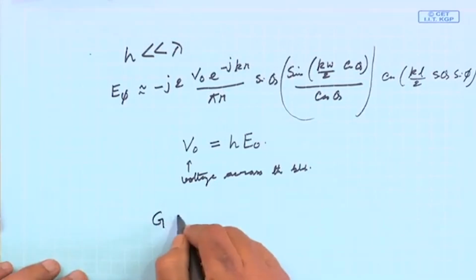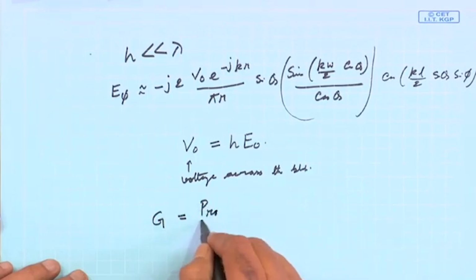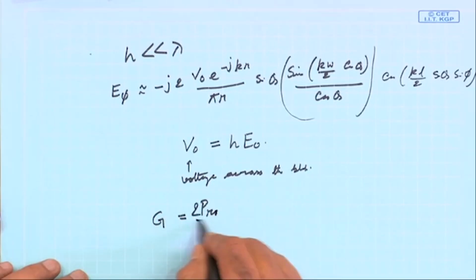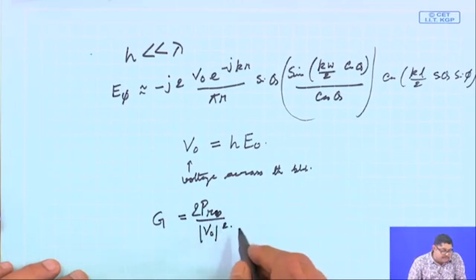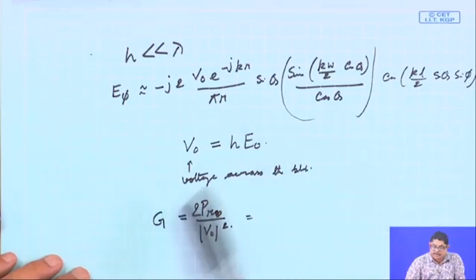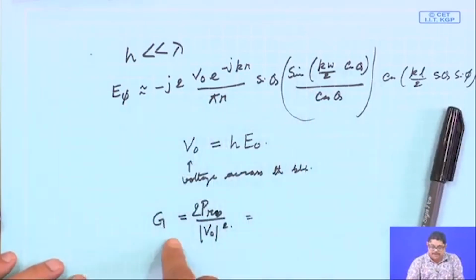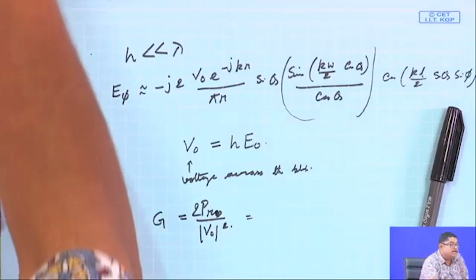What is the conductance? It is P rad into 2 by V naught squared. So, if you know the field, you can find P_r, and so on.